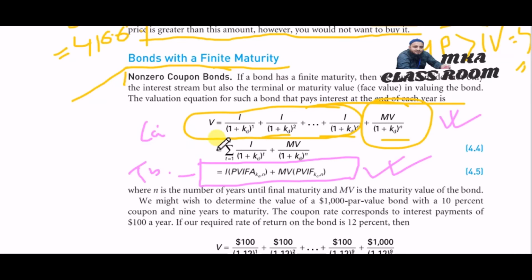So remember: I is the coupon payment, PVIFA is the present value interest factor annuity, Kd is your required rate of return, N is the number of periods, plus MV is the maturity value, PVIF is the present value interest factor, Kd is the required rate of return, and N is the number of periods.